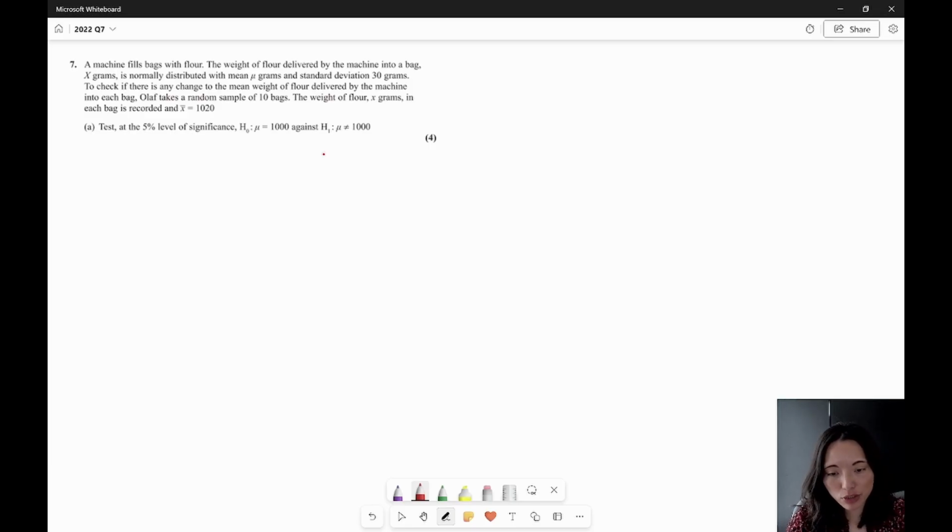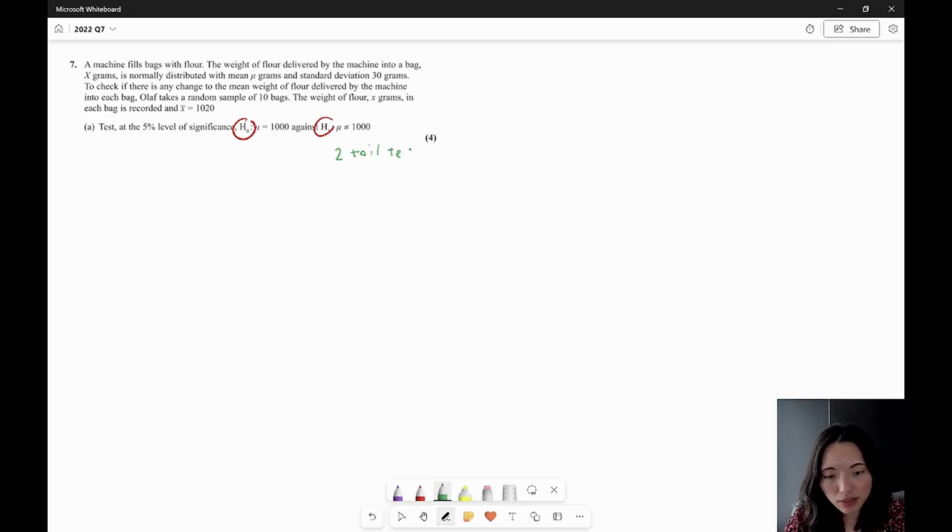Another thing for us to pay attention to when we look at two hypotheses here, H0 and H1, is that we should be able to immediately say whether it's a one-tail or two-tail test. Now, H1 says mu doesn't equal 1,000, so we can write down this is a two-tail test because we are testing whether mu could be higher than or lower than 1,000.